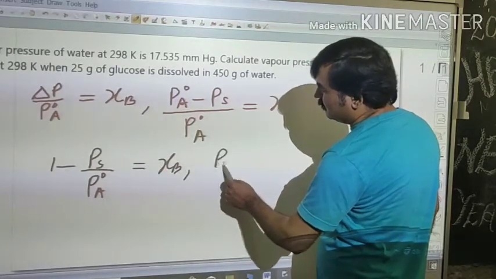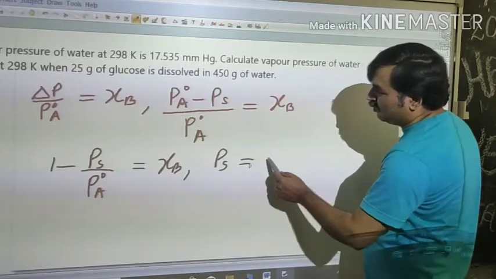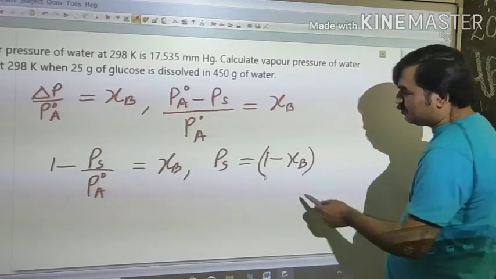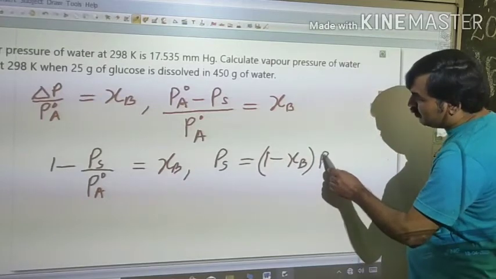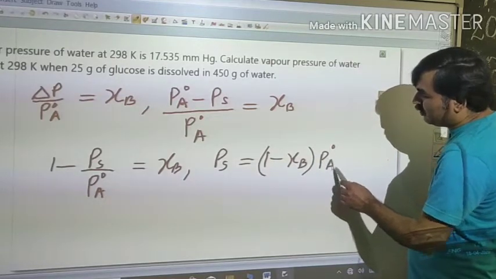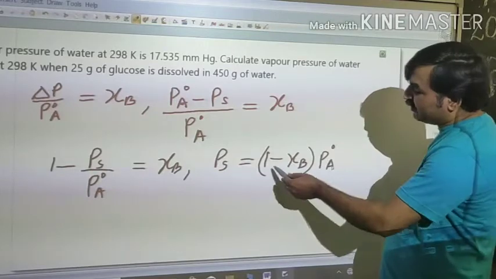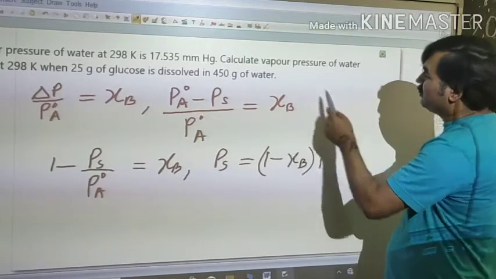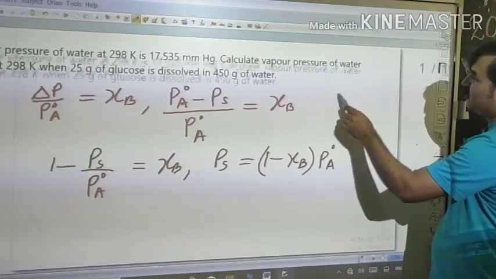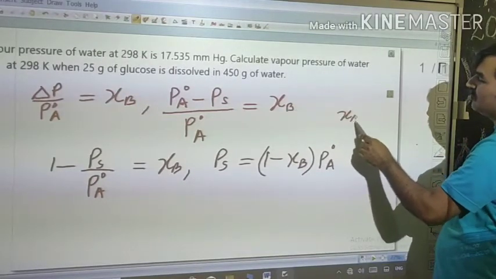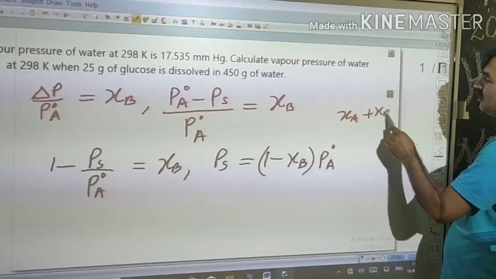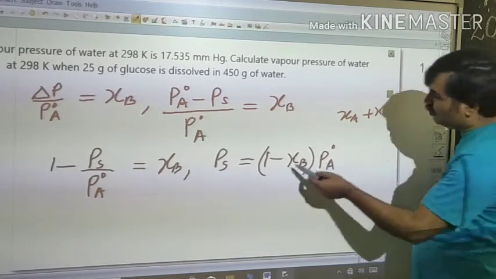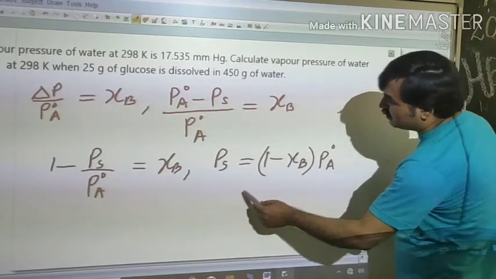Or Ps will be equal to 1 minus Xb, by exchange of terms, into P naught A. And 1 minus Xb is mole fraction of solute, and we know that mole fraction of solute plus solvent is equal to 1. So 1 minus Xb will be equal to mole fraction of solvent.